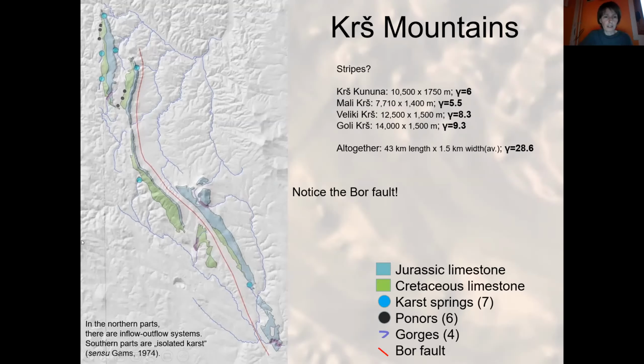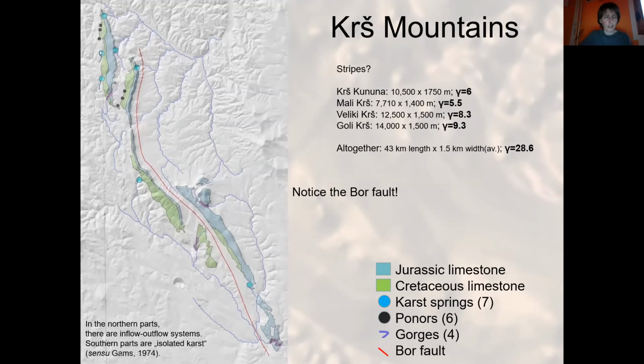And the important thing to stress is this bore fault. We will see it on another slide, and it is also in the similars. It is practically in the system with the most important Timok fault.